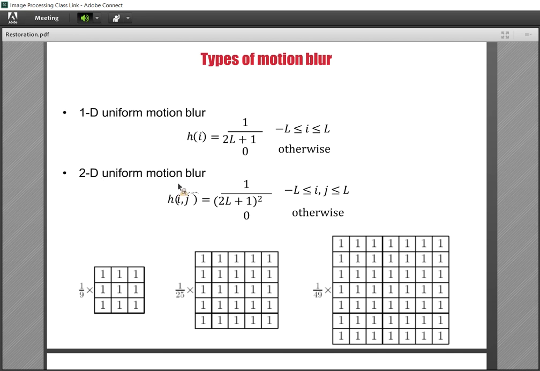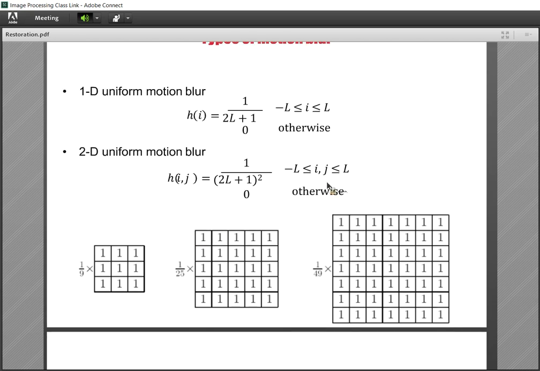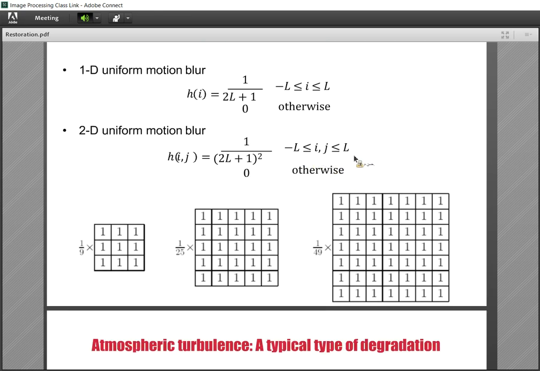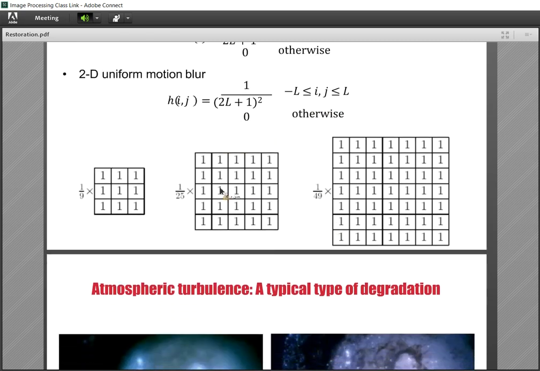But this is important: two-dimensional uniform motion blur. H is for i and j between these domains, for example -5 to +5, -7 to +7, -3 to +3. Minus L to plus L, (1/(2L+1)) to the power 2, as we said. This example, this example, this example.